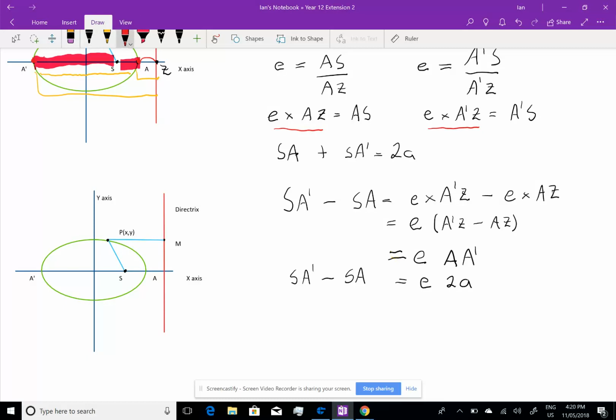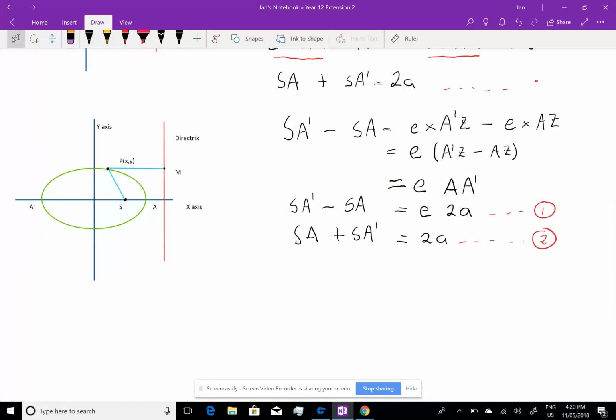Now, we'll call this equation number 1. I'm going to bring this other equation down here, which is SA plus SA dash, and that equals 2A, and we'll call that equation number 2.